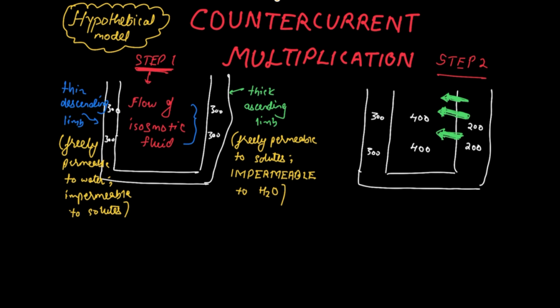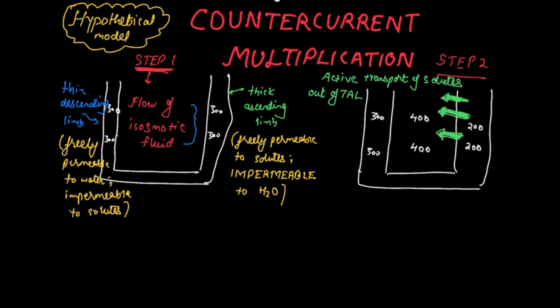And this is the main catch. It is able to establish only a 200 milliosmoles per liter concentration gradient. Otherwise, you would wonder that by this one step only, it can create an osmolarity of 1200 milliosmoles per liter in the medullary interstitium. Why is it not able to create so?